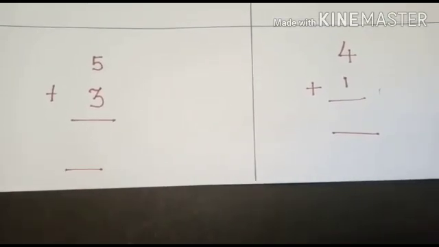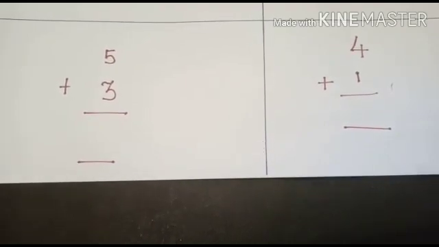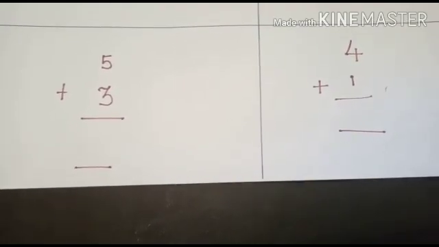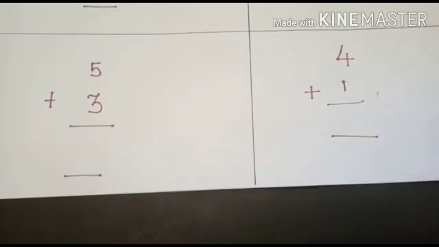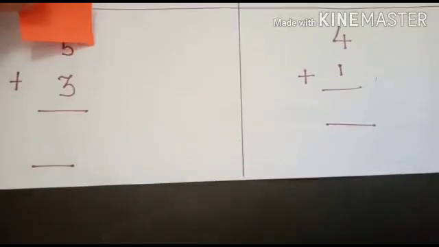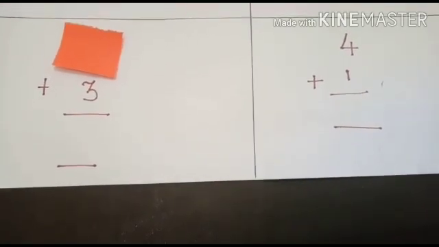Which number am I going to hide first of all? 5 plus 3 is there. So which number will I hide first of all? The bigger number. So the bigger number is 5. So 5 in my mind and 3 in my fingers.